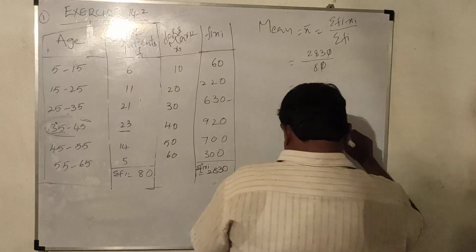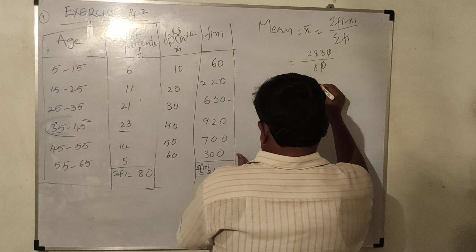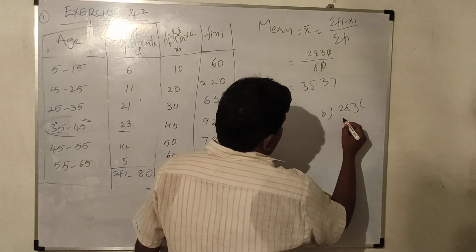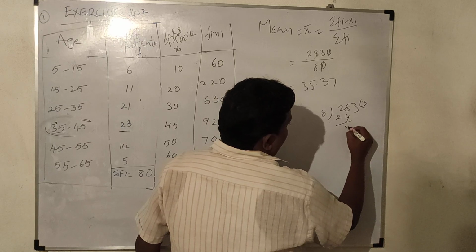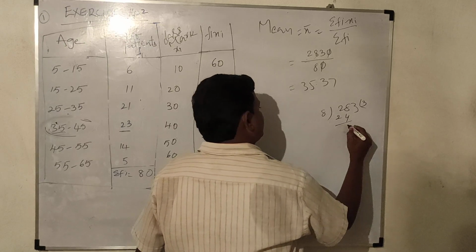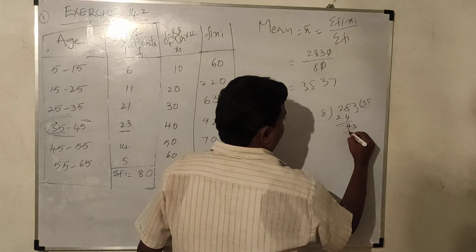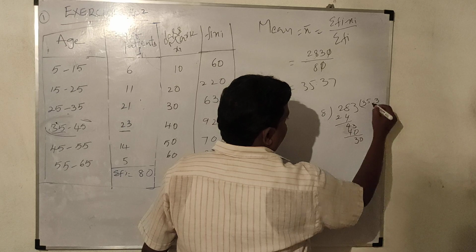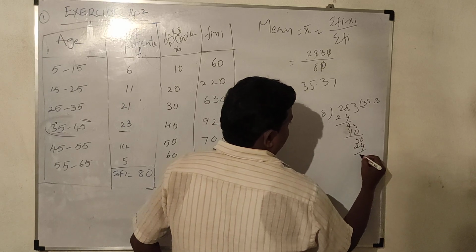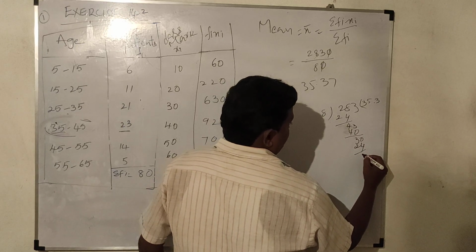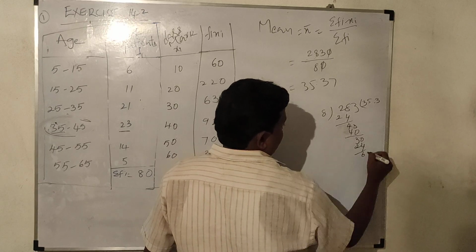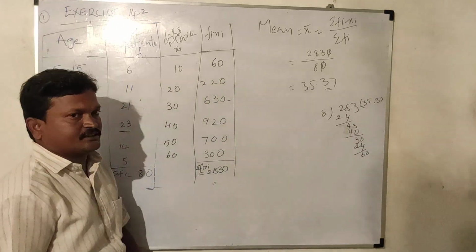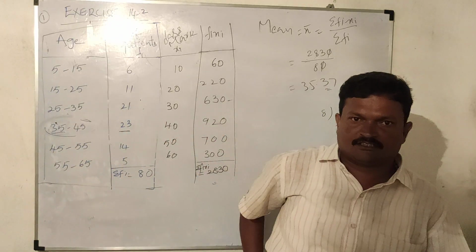This is equal to 35.37 after division. 283 by 8. 8 threes are 24, 40, 8 fives are 40, remainder, 8 threes are 24, that is 6 and 0, 7. Up to 2 digits it is enough. So this is the mean for this data.